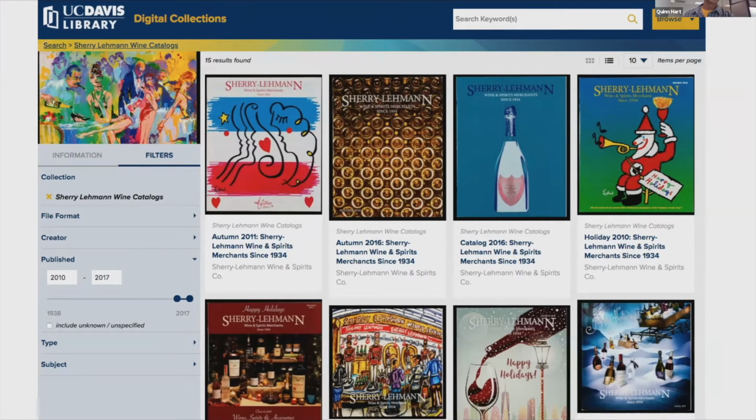Our system at digital@ucdavis.edu is basically looking at showing special artifacts that are in the special collections at our library, things that are relatively unique to that system.